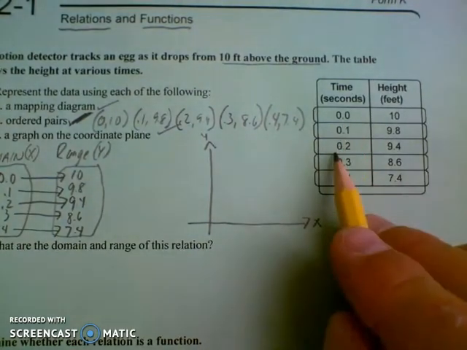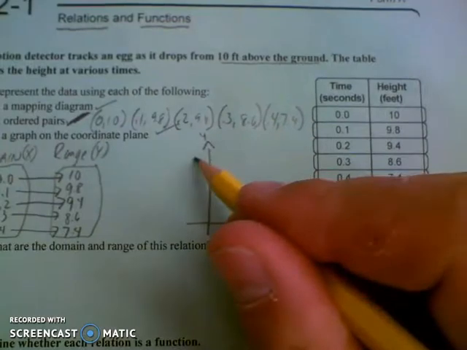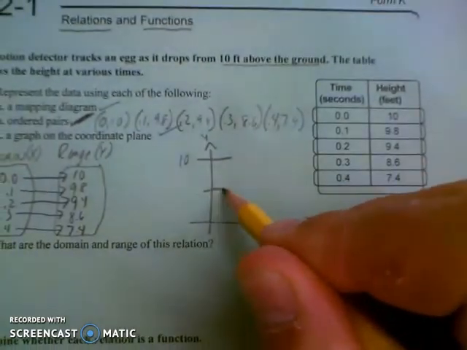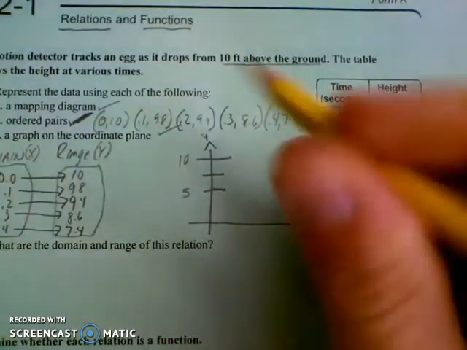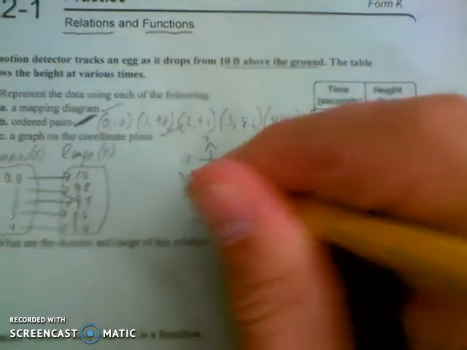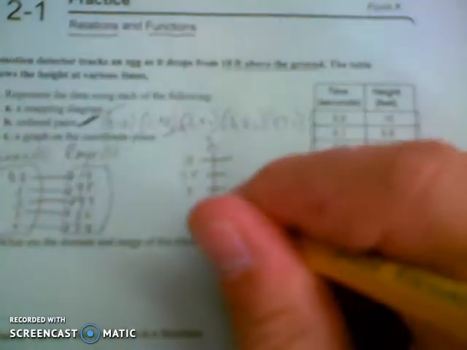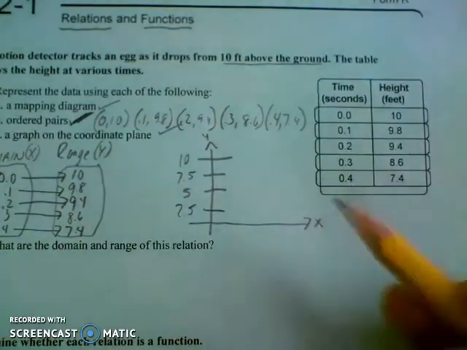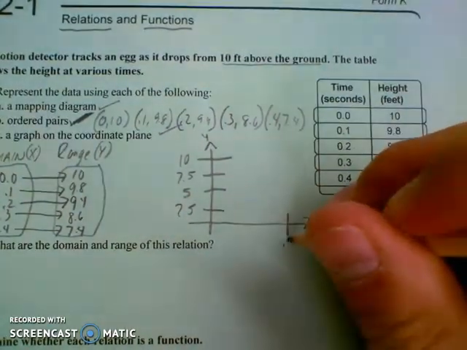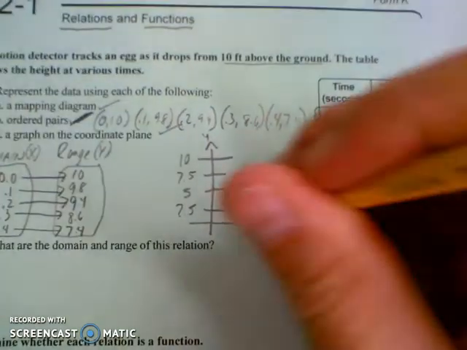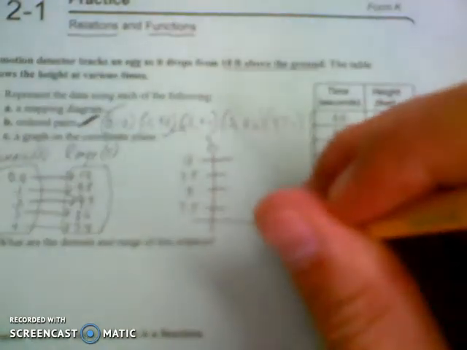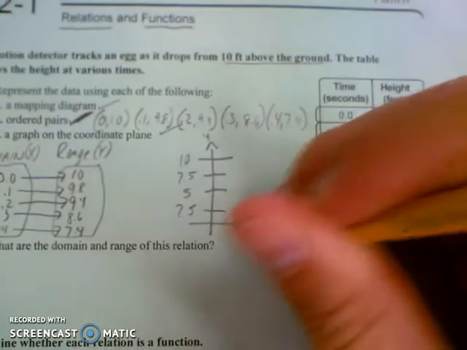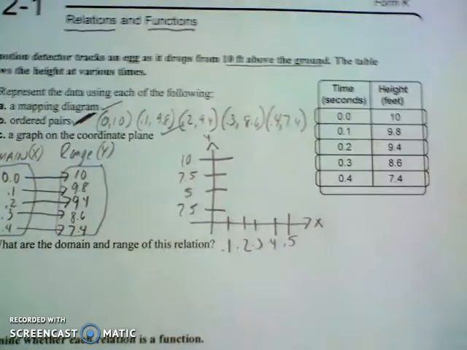So what you want to do is go 10 up here, maybe do 5 here. This could be 7.5 if you want it to be, and half of that is 2.5. From here you can go all the way to 0.4. So you probably want to do 0.5 actually, just to make it a better number. And then you can do 4 little marks here: 0.4, 0.3, 0.2, 0.1.